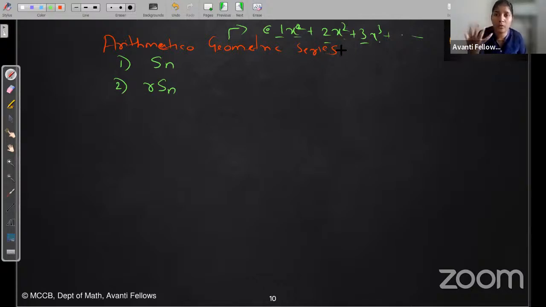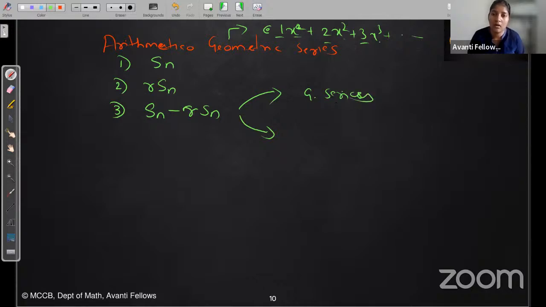To compute the sum of such a series, we make use of these steps. The first step was to write Sn as it is, then multiply that Sn by the common ratio r to get r Sn. The third step, we subtract both, Sn minus r Sn. If we are able to get a geometric series, then we compute it using the formula.